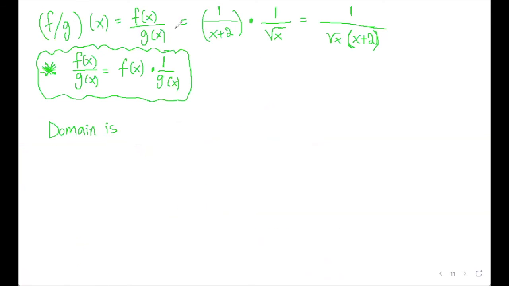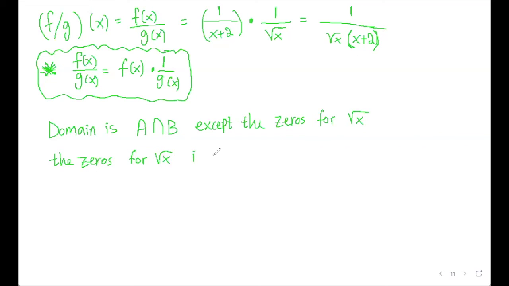So what is the zero for the function g of x? It's 0. So the domain is the intersection A intersect B, except the zeros for square root of x. The zero for square root of x is 0.